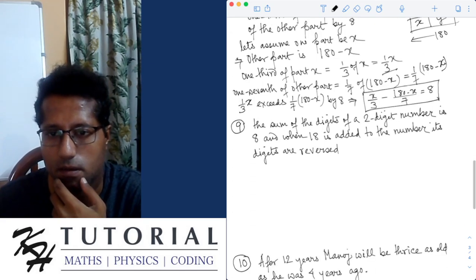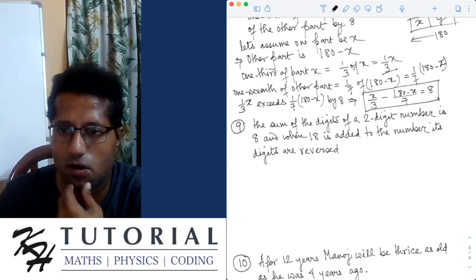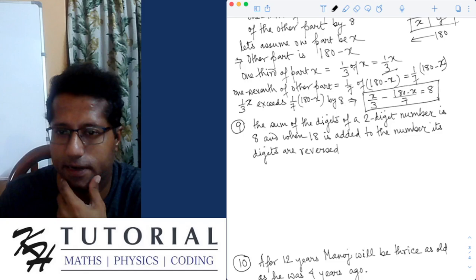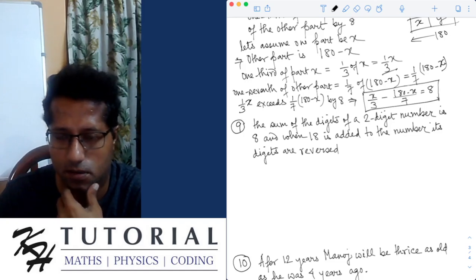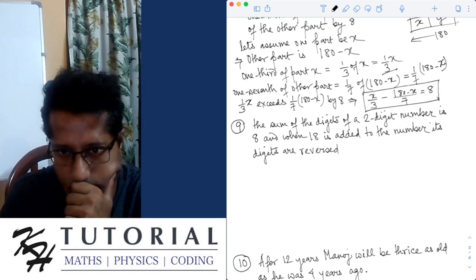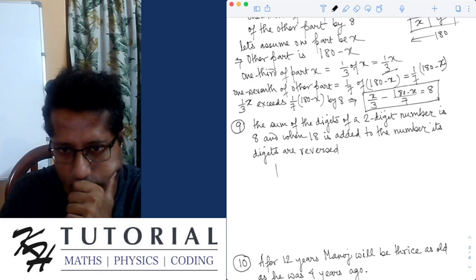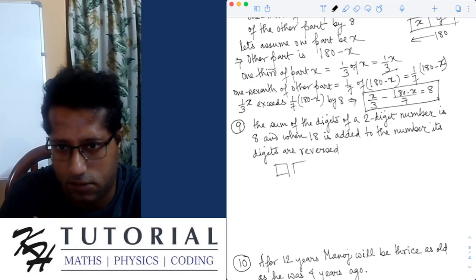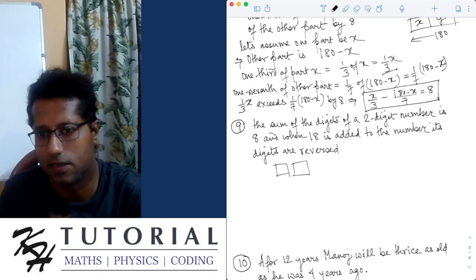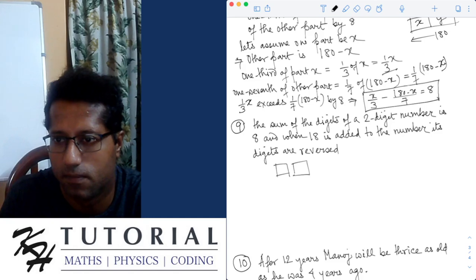Number 9, the sum of the digits of a 2-digit number is 8, and when 18 is added to the number, its digits are reversed. Okay. So we have a 2-digit number. Let's say we have 2 digits. I am representing the digits as boxes. So both are unknown, but it is given that the sum of the digits of a 2-digit number is 8.